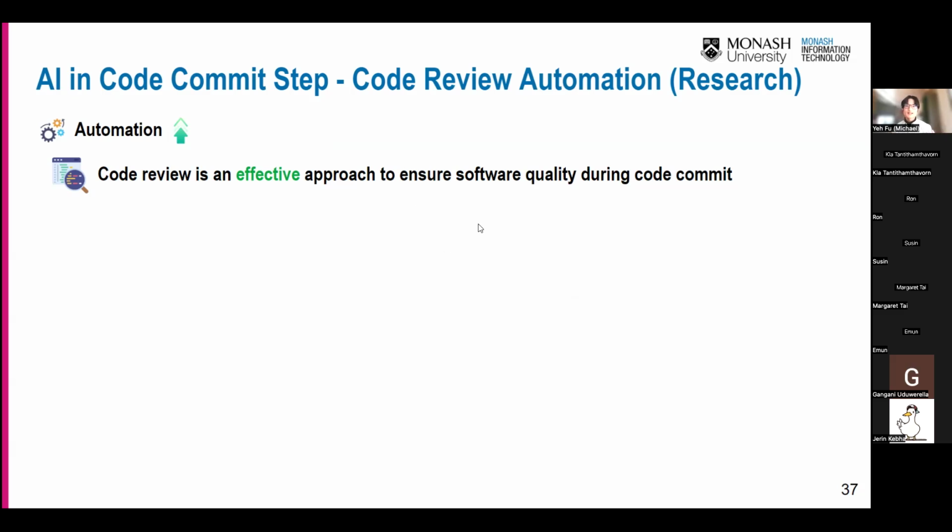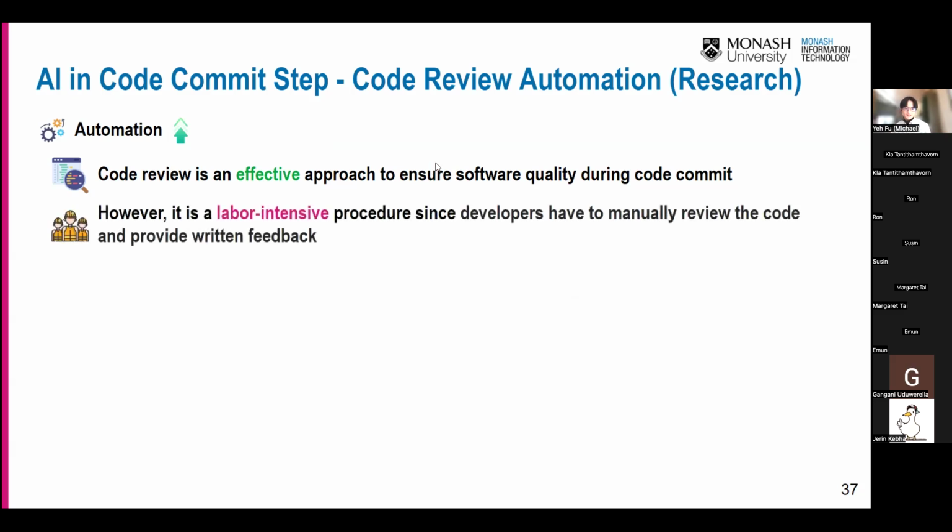So code review is the best quality assurance approach during code commit. However, it's a labor-intensive procedure. Like I mentioned, we may need many code reviewers to manually review the code and provide written feedback. The tool, the Security Copilot I just mentioned, can enhance security and reduce the labor within the code review.